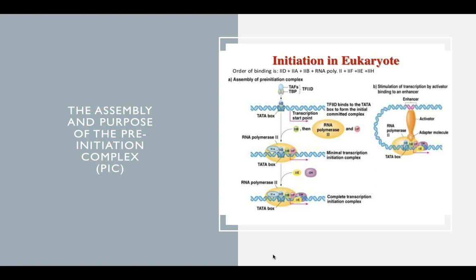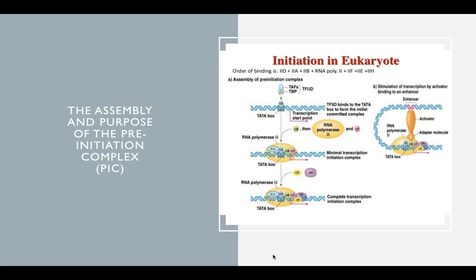Then transcription factor 2E will come and join the complex at the promoter. Like histone proteins, RNA polymerase has a tail at the end of its amino acid chain that is accessible and modified. Transcription factor 2H comes in and phosphorylates this tail in specific places on RNA polymerase II, which signals RNA polymerase II's release from the promoter and allows for transcription to occur.